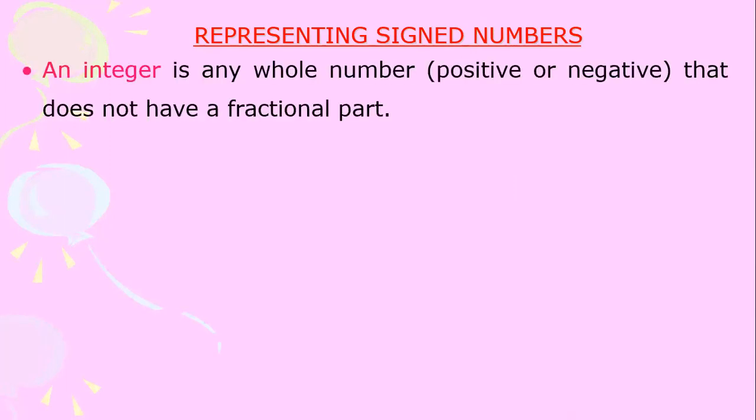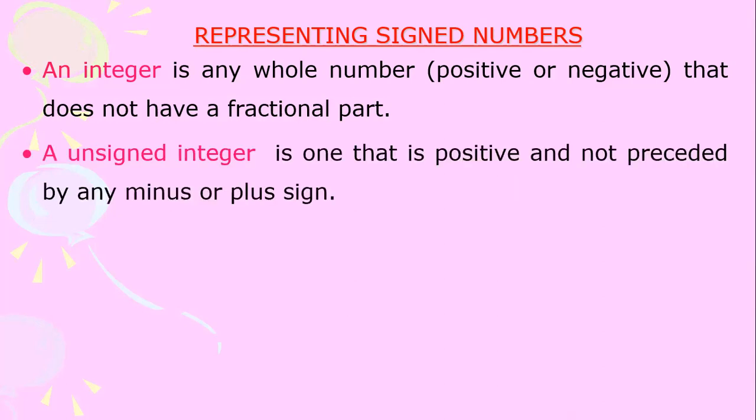An integer is any whole number, whether positive or negative, that does not have a fractional part. An unsigned integer is one that is positive and not preceded by any minus or plus sign.